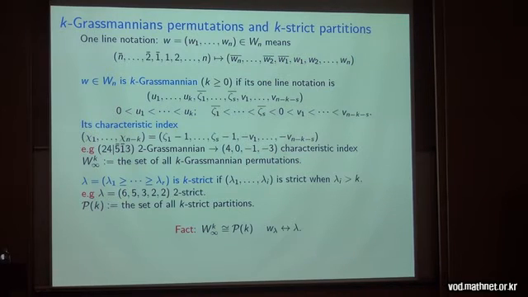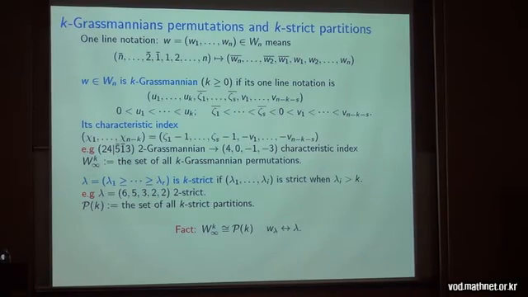You have a permutation of n letters, and a Grassmannian element means that there's only one descent. Until then the numbers are increasing, then after that it drops, but then it starts to increase again. That's the Grassmannian element for type A. And this k-Grassmannian element is a type C analog of the Grassmannian permutation.